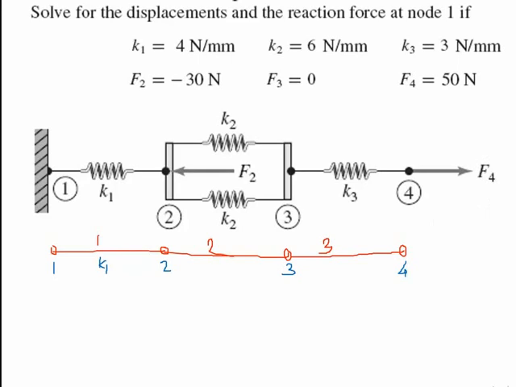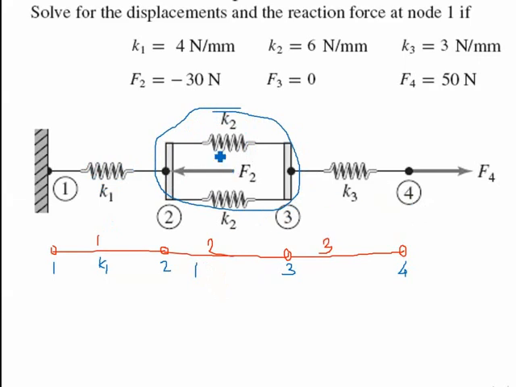Now, Rutuja Mane, can you tell what is the stiffness of the second element? K1 is the stiffness of the first element, the first spring. The second element is a combination of these two springs. K2 plus K3 is for the third element.